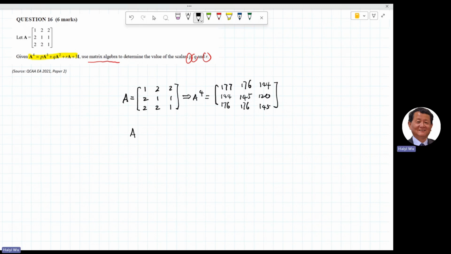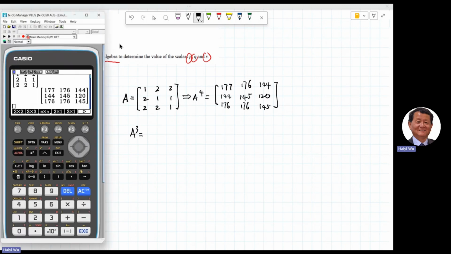Then we do A to the power 3. We do one at a time. I'm going to go back to the equation using the arrow up. I'll delete the 4 at the top and make it 3 instead.